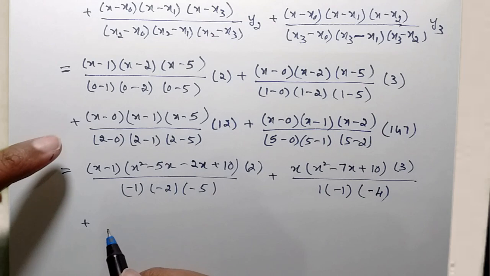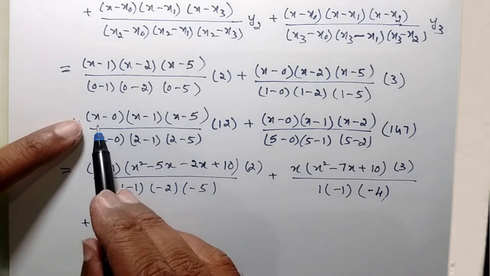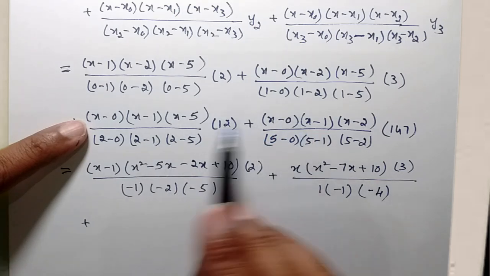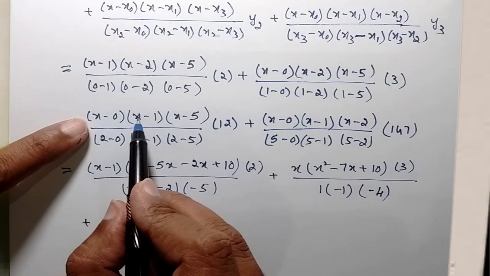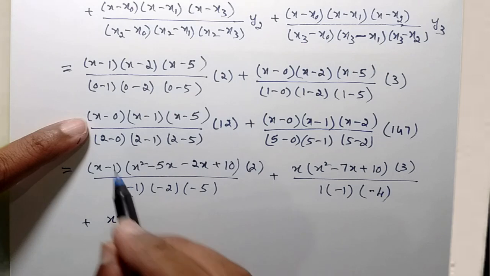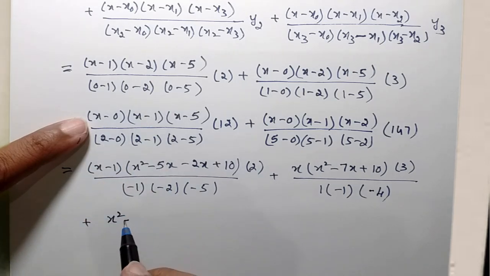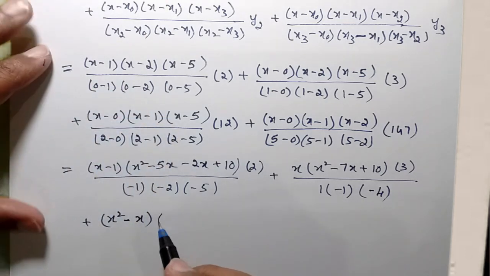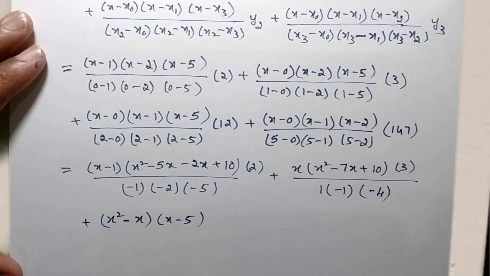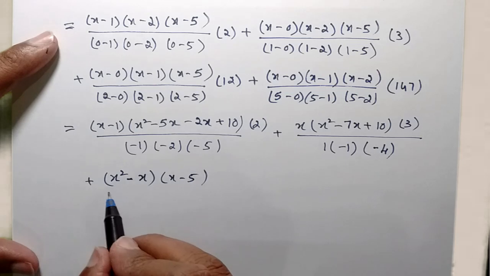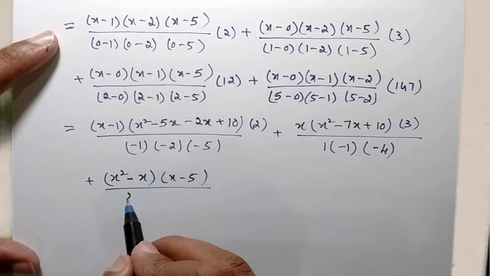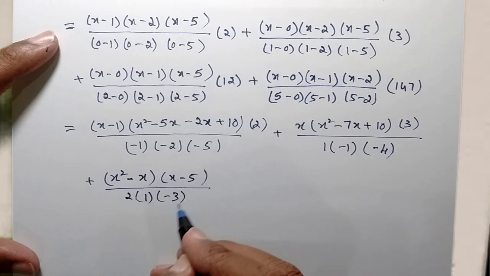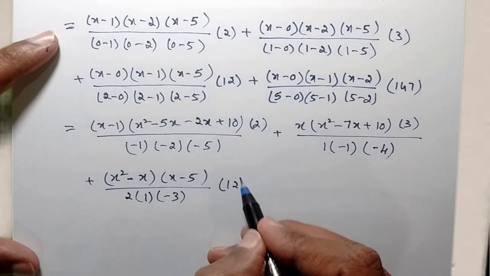Plus here you have x into x minus 1, here also you have x into x minus 1. If you multiply, that will become common for both. So x multiplied by x will be x square, x multiplied by minus 1 will be minus x. 0 you can ignore. Then you are left with x minus 5, whole divided by the denominator: 2 minus 0 will be 2, 2 minus 1 will be 1, 2 minus 5 will be minus 3, into 12.